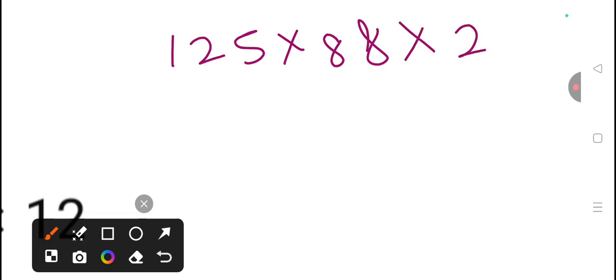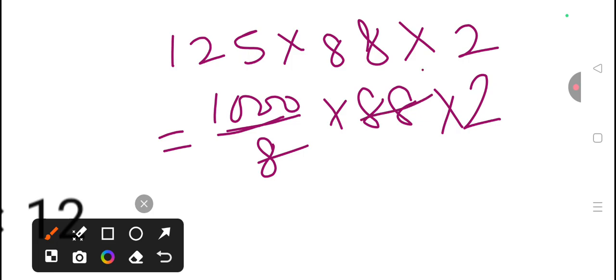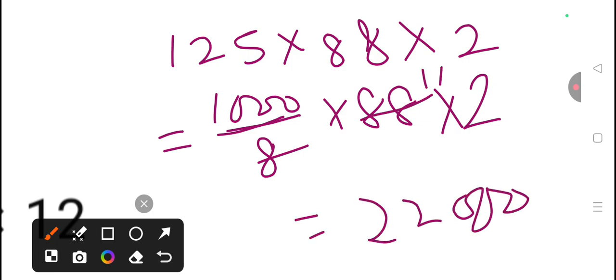Here again 125 in terms of thousands can be written as 1000 upon 8. Yes students, you have to remember that 125 can be written as 1000 upon 8. So now you can solve. You will get 11,000. See, it has been done in less than 10 seconds, right?